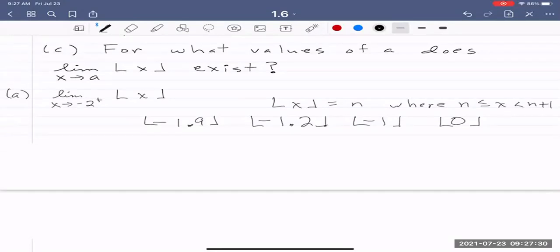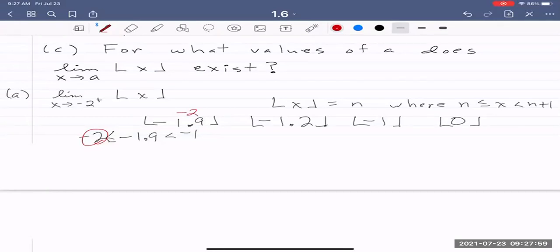Okay, so let's look here. -1.9 is between what two integers? Well, it's between -2 and -1. And it says to let the floor equal -2. Okay, so this is -2.